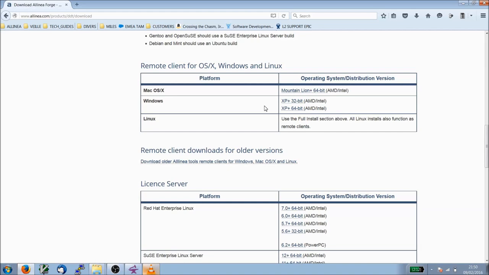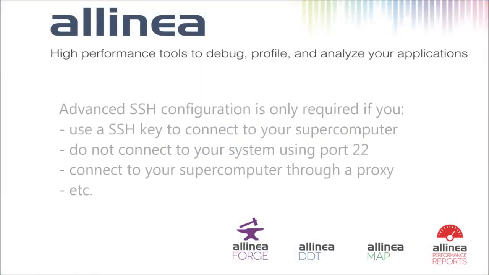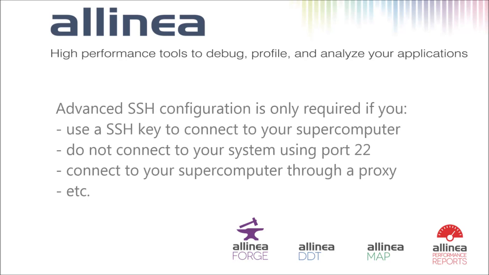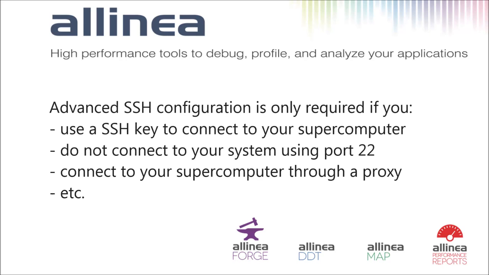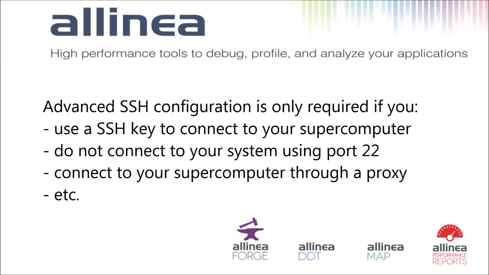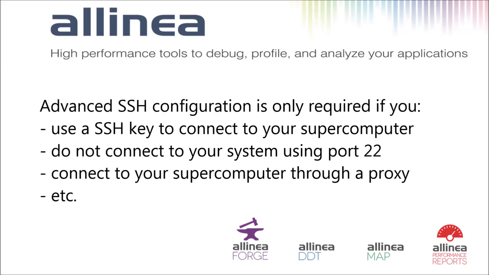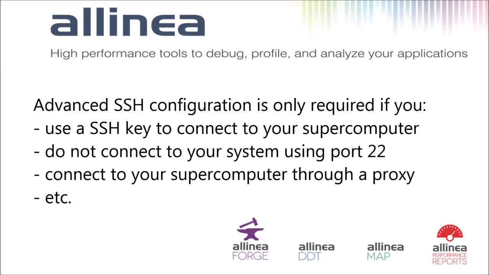In this tutorial, we will dive into the configuration of your local system to allow remote connection through SSH using the PuTTY toolkit. This advanced configuration is usually not required, but in certain environments, users may need to connect to a remote cluster through SSH, using a different port than the default port 22, using a set of public and private keys.